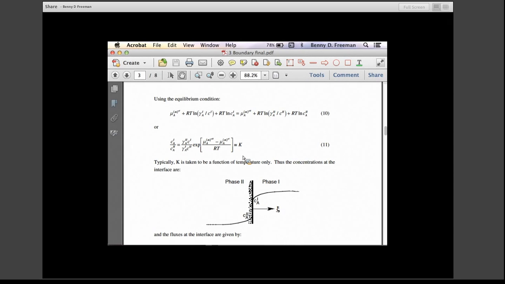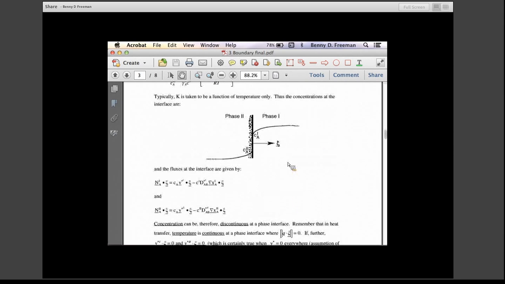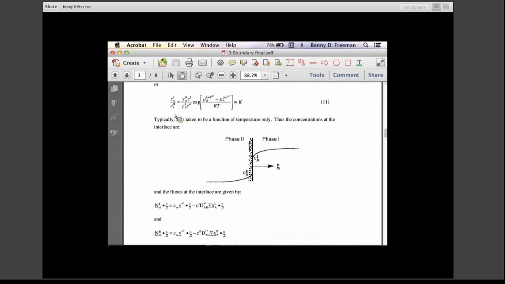So it would be the solubility of a gas or liquid or ion inside a polymer. You see where that comes from: it comes from the condition of chemical equilibrium at that interface. And so this condition of chemical equilibrium sets K.